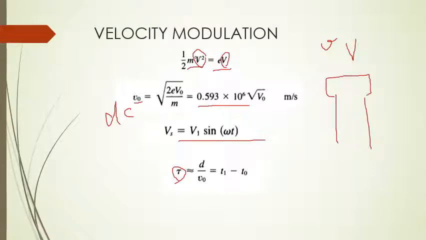This cavity gap is small d, and time is distance upon velocity. So distance is d and velocity is the dc electron velocity, which is 0.593 into 10 to the power 6 into square root of capital V naught.